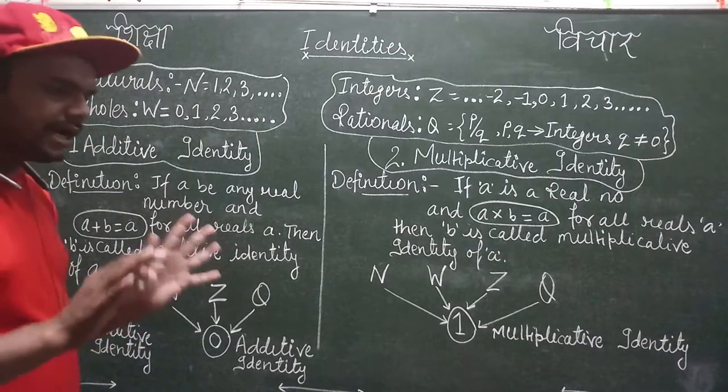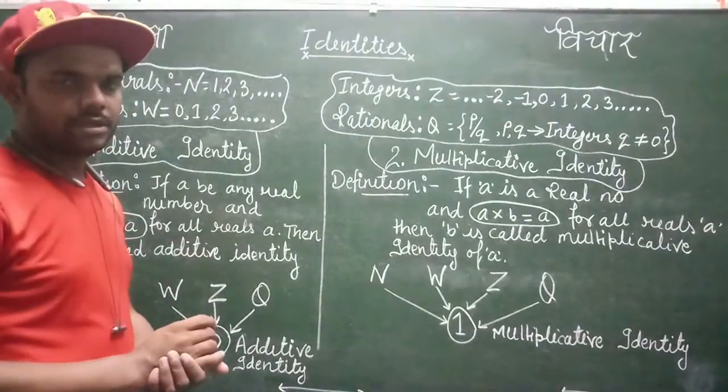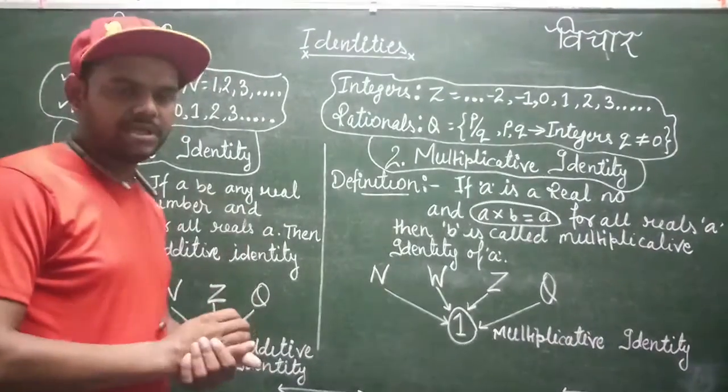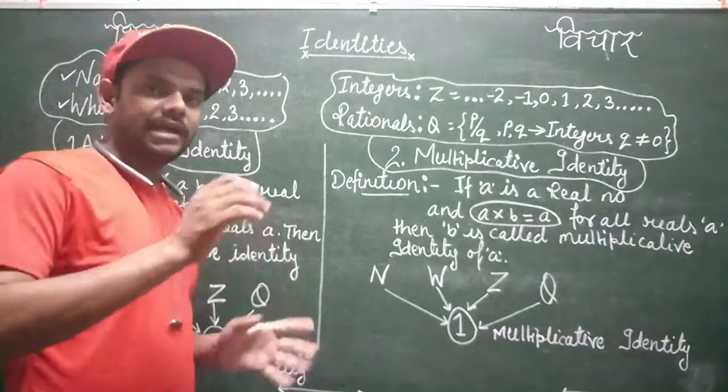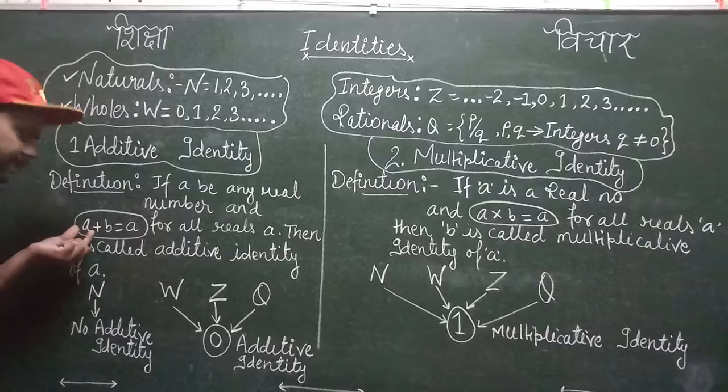That means if we are adding something to something but the result is still the same, then we say that the second number which is added to the first number is the additive identity of the first number.